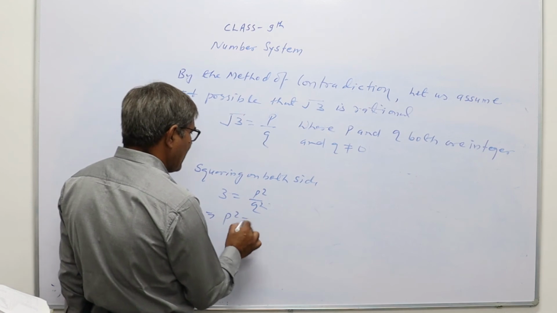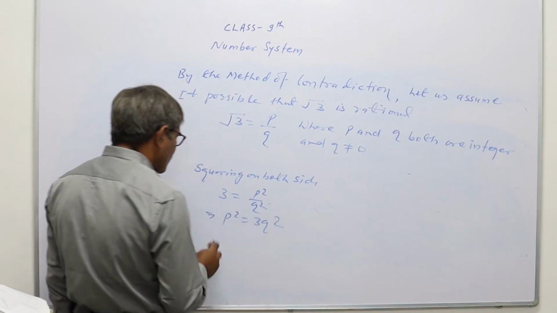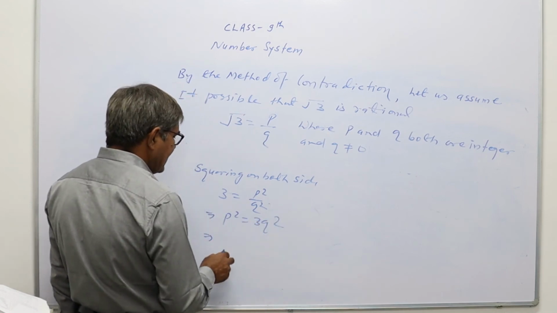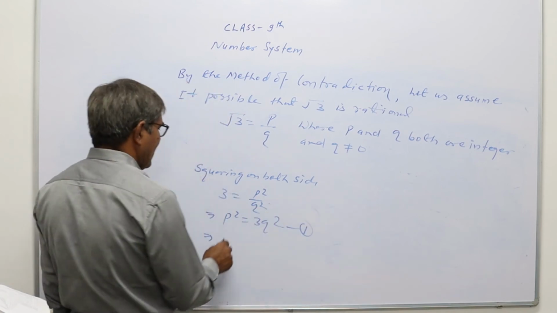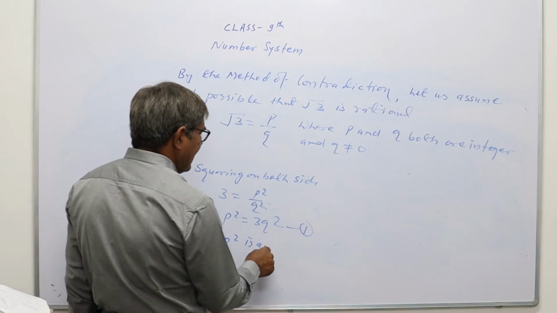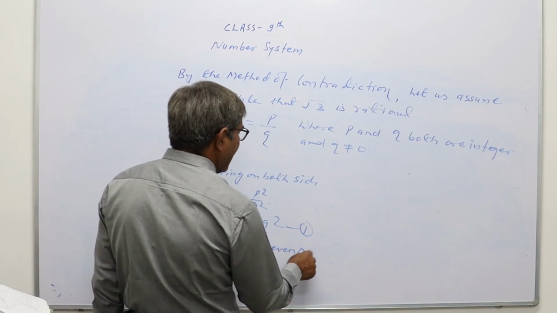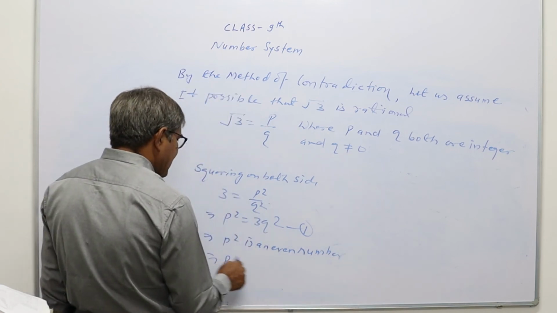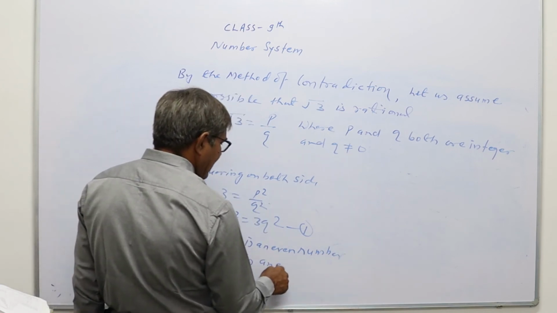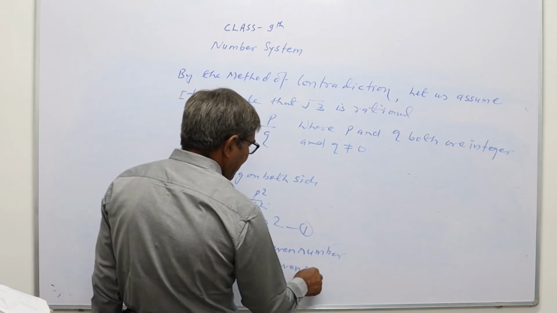This implies that p square is equal to 3q square, which implies that p square is an even number, so p is an even number.